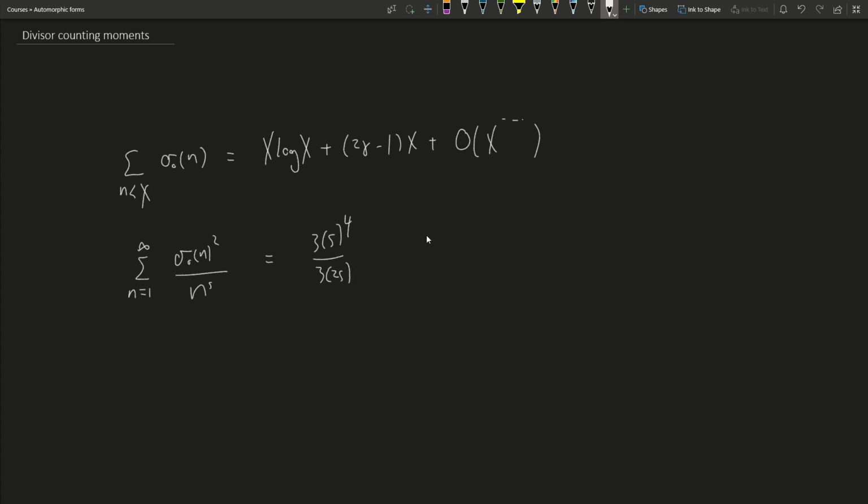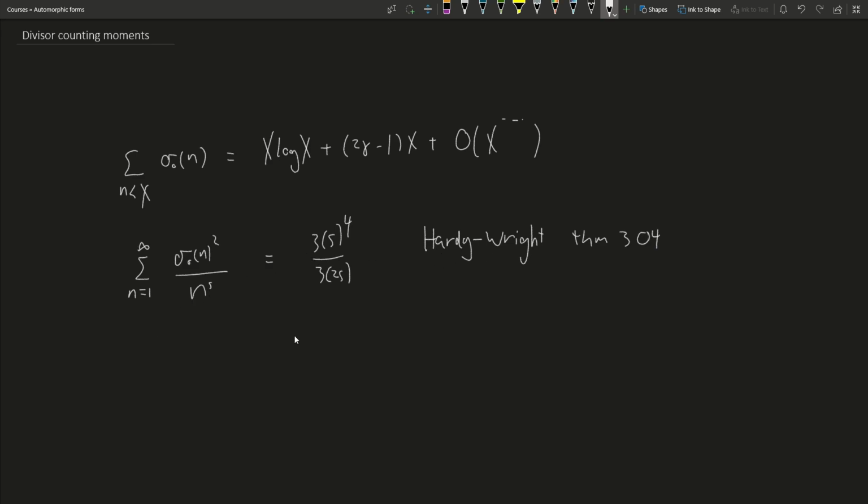And a reference for this is Hardy and Wright. This is theorem 304 in that book. And it's just some Euler product thing.